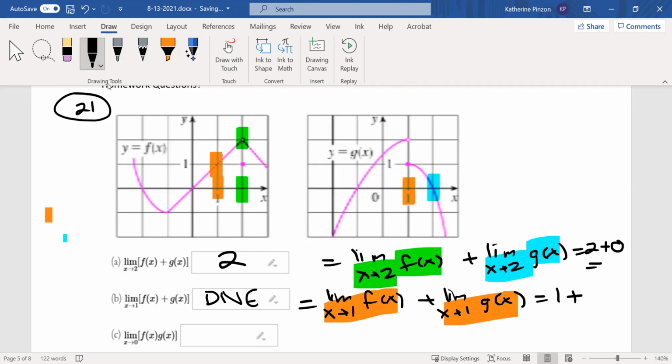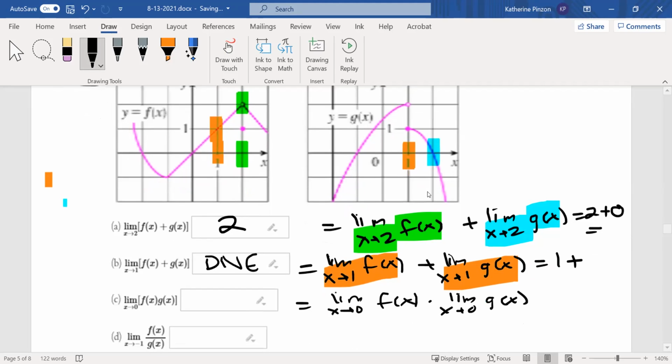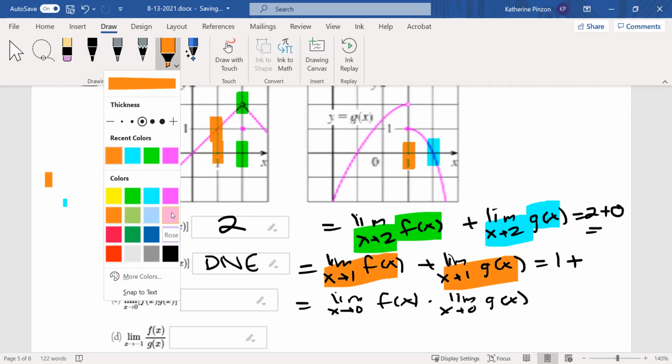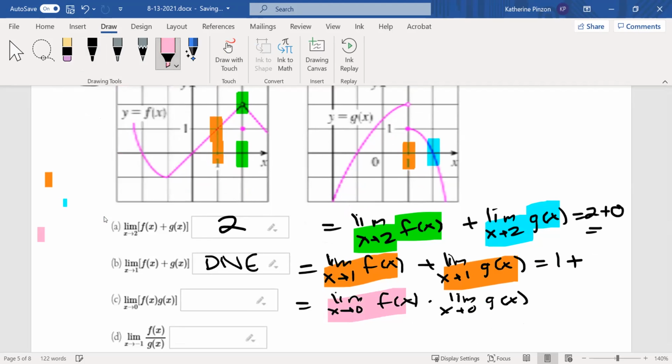Yeah. Okay, next one. The next one I'm going to do at 0. So this guy's going to be limit as x approaches 0, f of x, times limit as x approaches 0, g of x. This is hard because I have to have the graph and the paper on the same screen. New color. How about pink? Okay, so this guy is 0 on f of x.